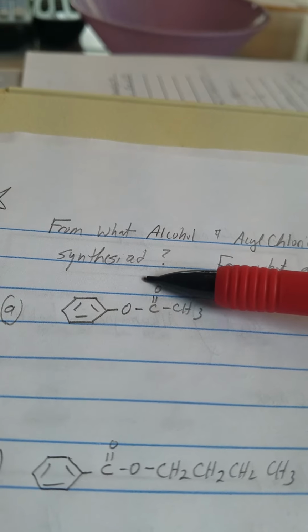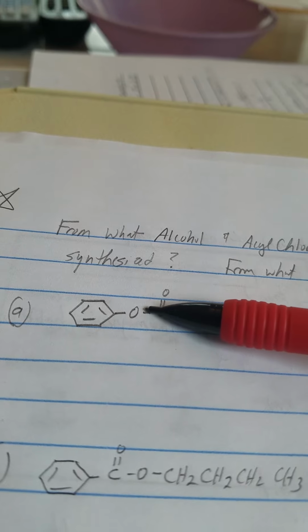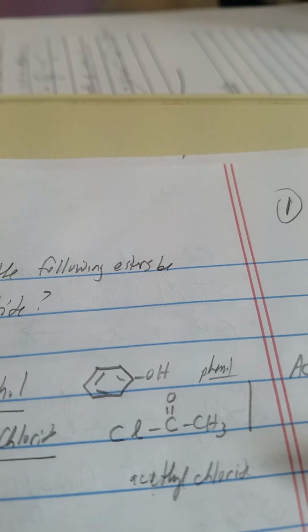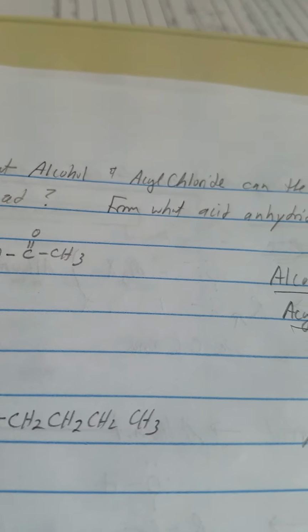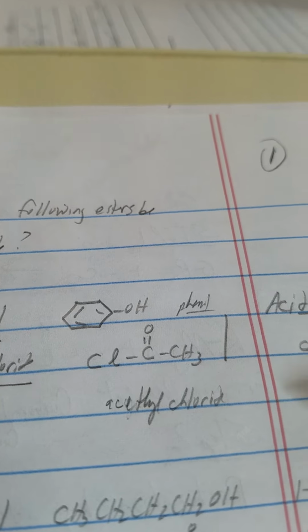So this would be where I'd break my bond. My H would go on here, forming our phenol. And then my chlorine would go on the carbonyl carbon, forming my acetyl chloride.